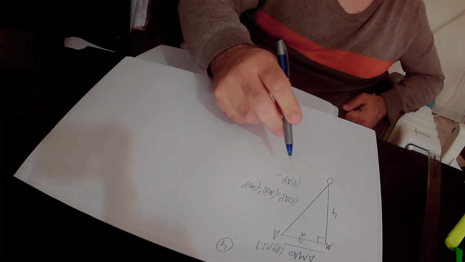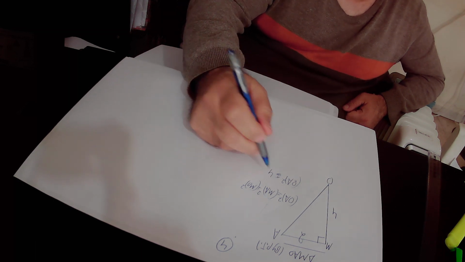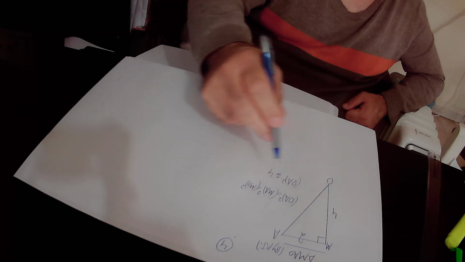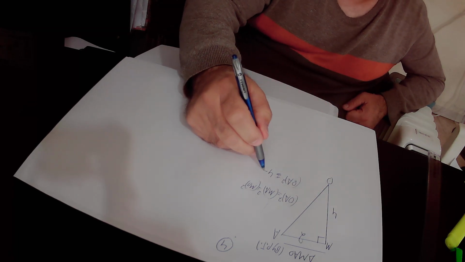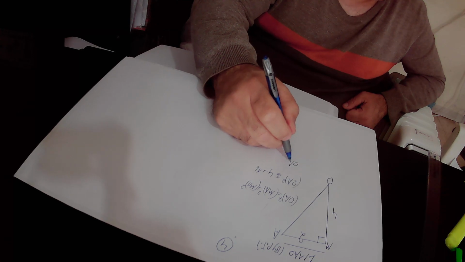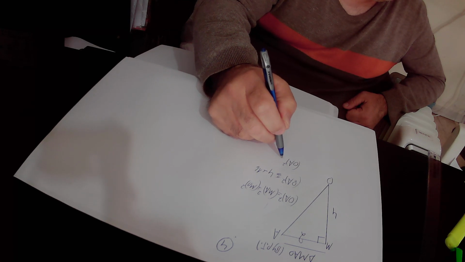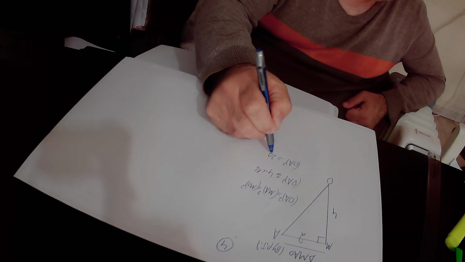MA is 2, therefore MA squared is 2 squared, that is 4, plus MO squared. MO is 4, therefore MO squared is 4 squared, that is 16. So in conclusion, we found out that OA squared equals 4 plus 16, which is 20.